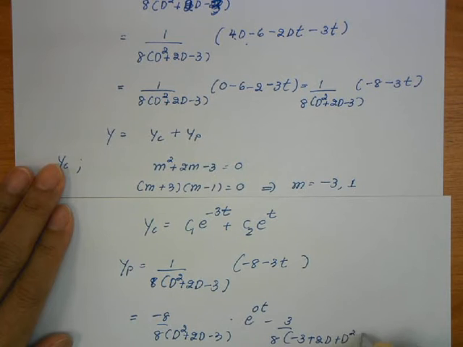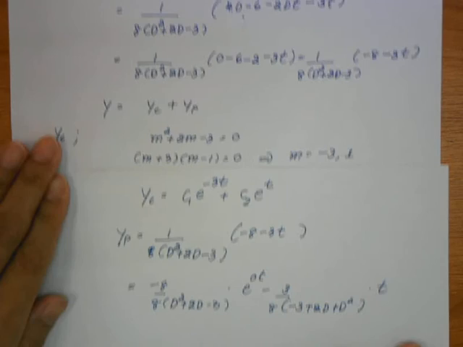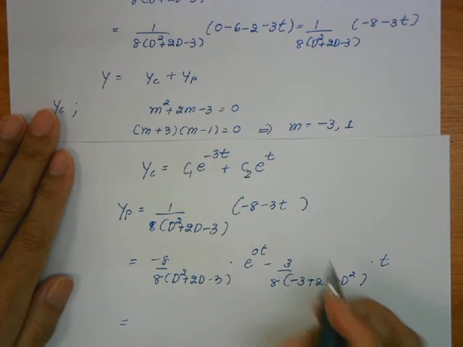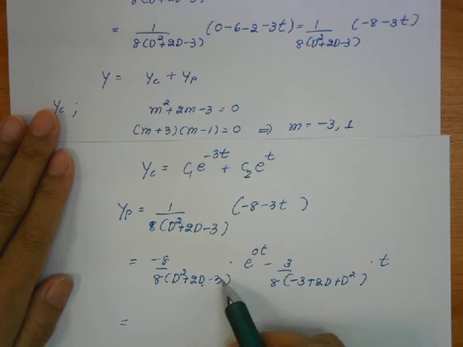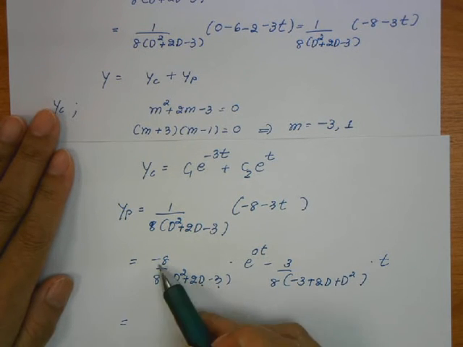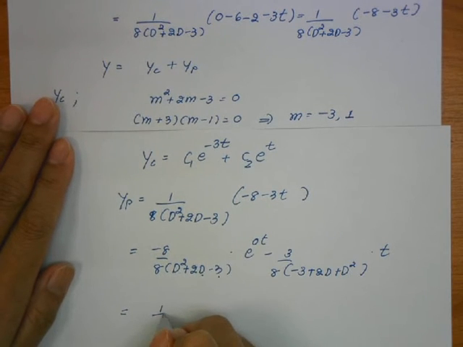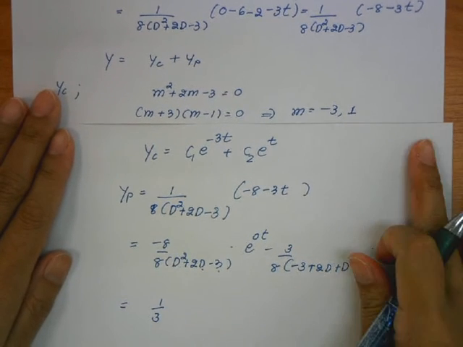You can take it from the x. You plug 0 into every term of D, so you got minus 3 there, minus and minus become plus, so you get 1 over 3.